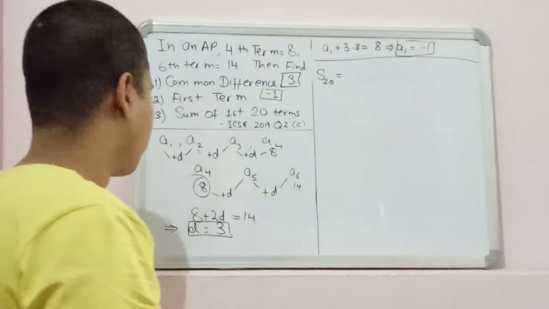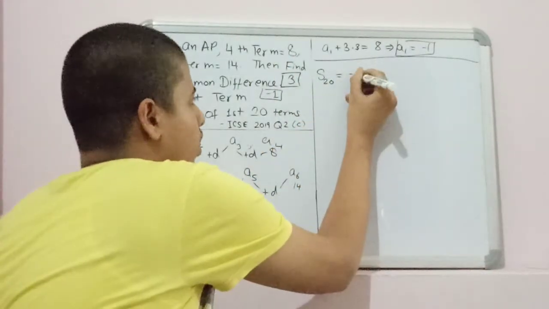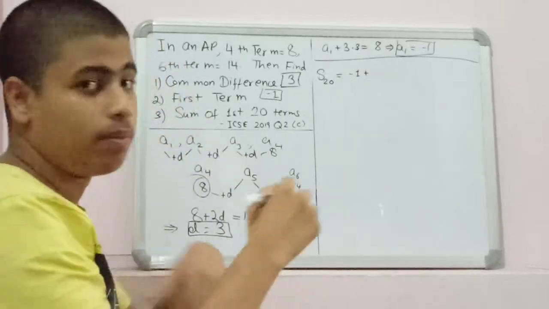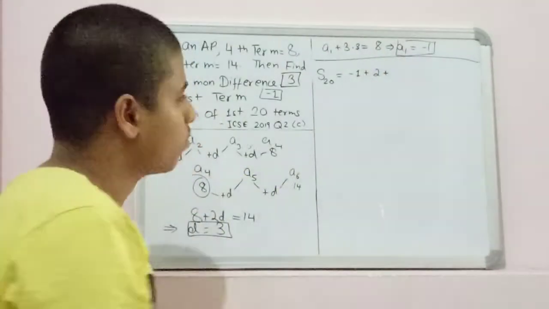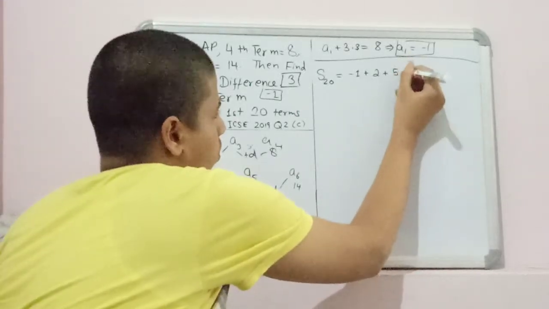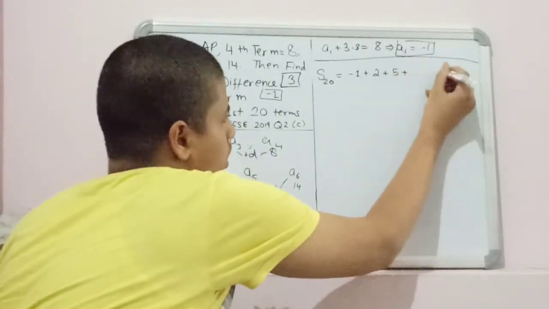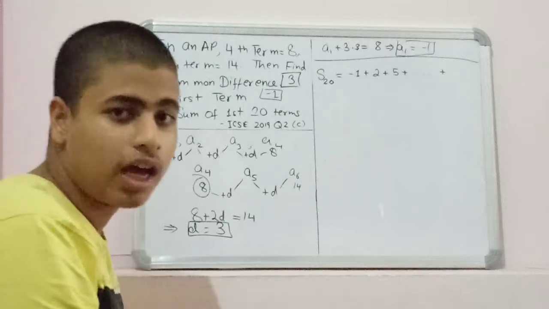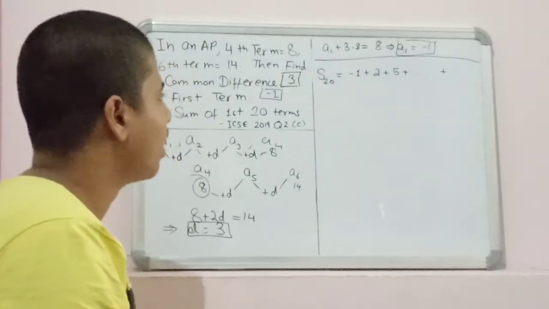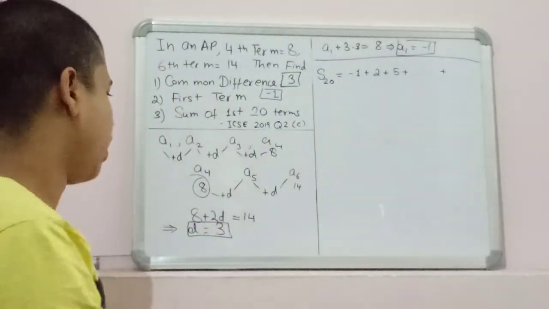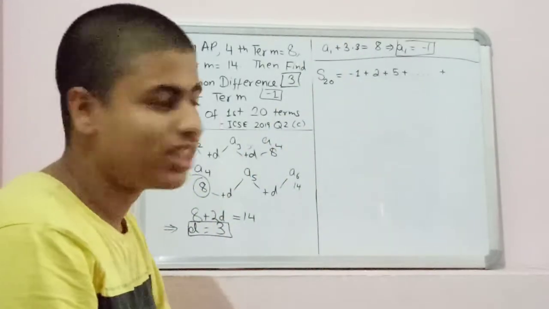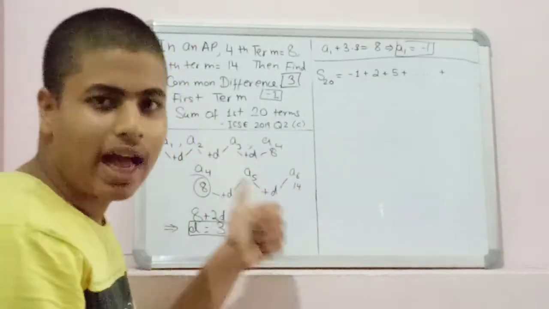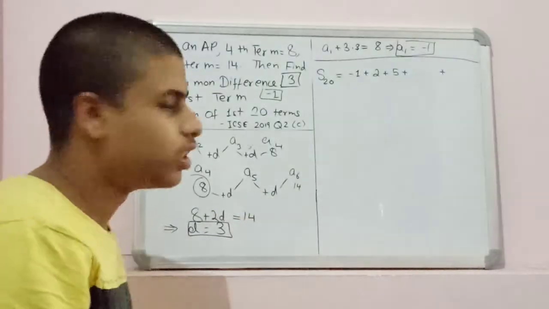That is equal to the first term plus the second term, that will be 3 more, plus the third term, and so on, till what would be the last term? Well, the 20th term. In order to get the fourth term, we added the common difference thrice, because we don't need to add the common difference when we are viewing the first term.